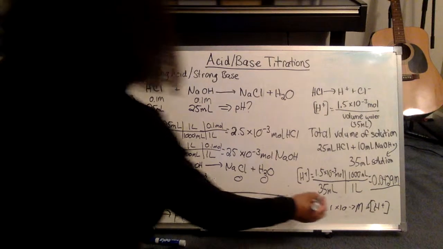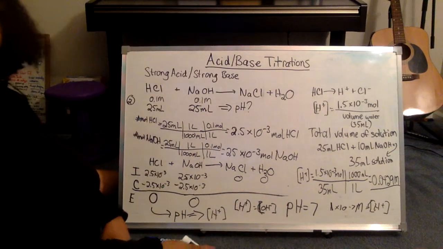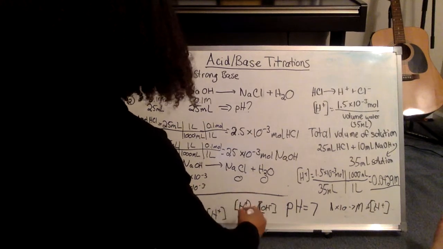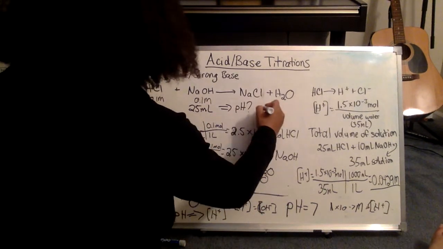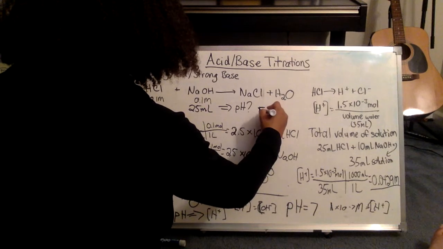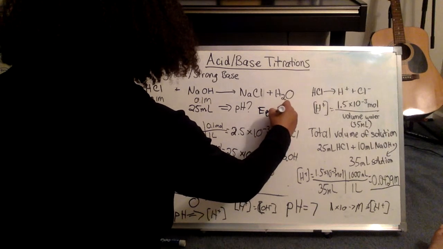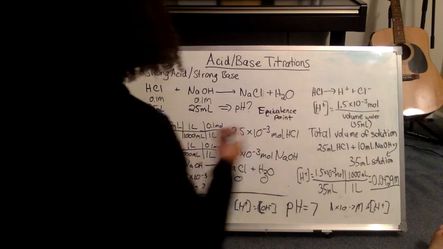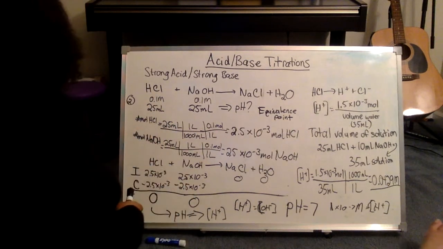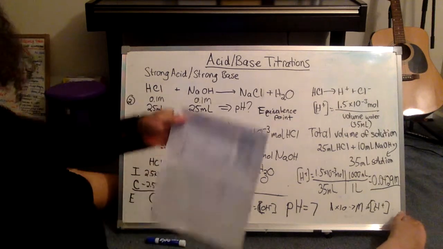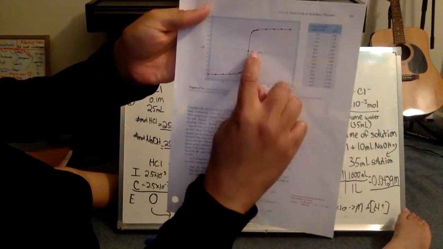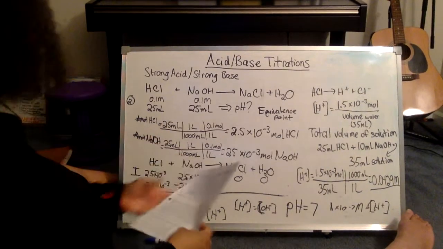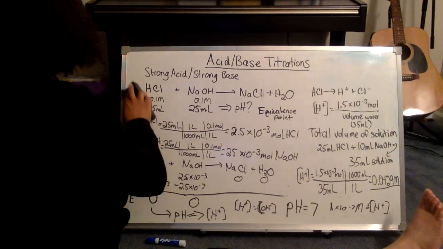We learned that in class when we were talking about chapter 16. So this is at the equivalence point, which would be right there in the very center. pH is 7, everything's balanced. Okay, great.